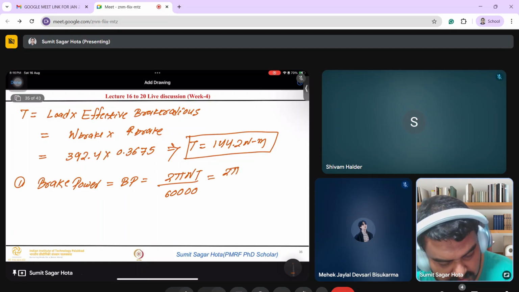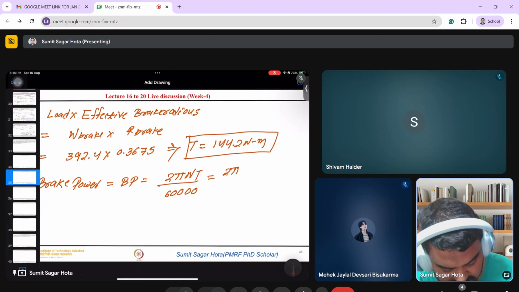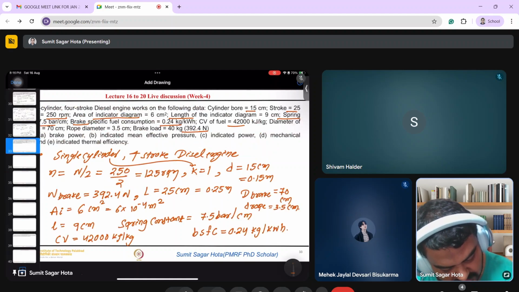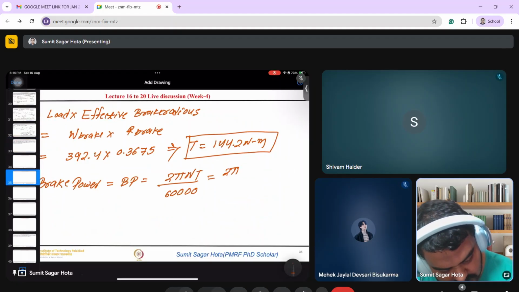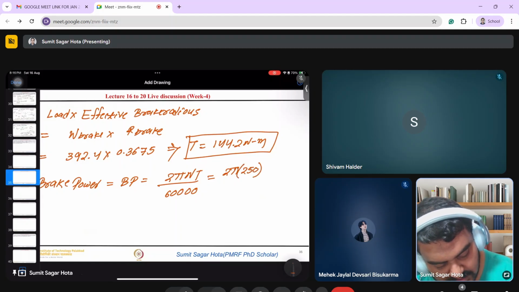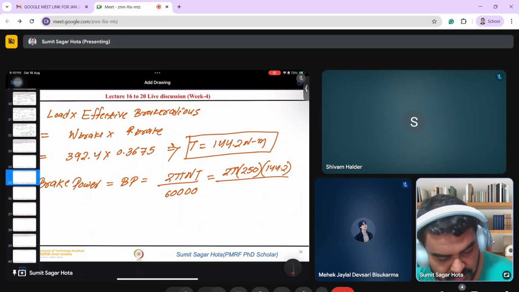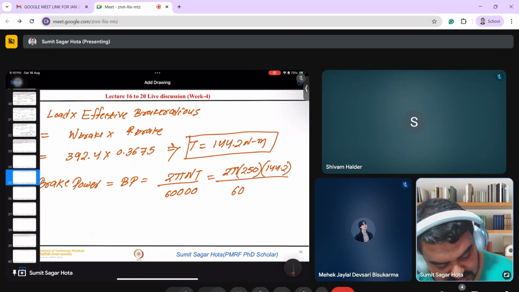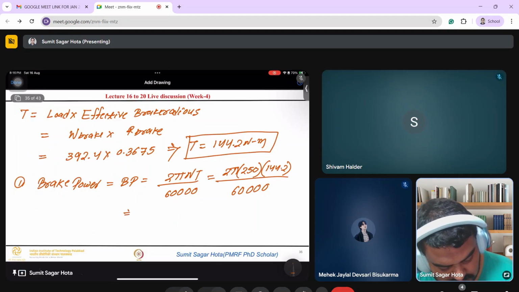N is given as 250 rpm. So 2 pi into 250 into T, which we have calculated as 144.2, divided by 60,000. So your brake power is 3.775 kilowatt.